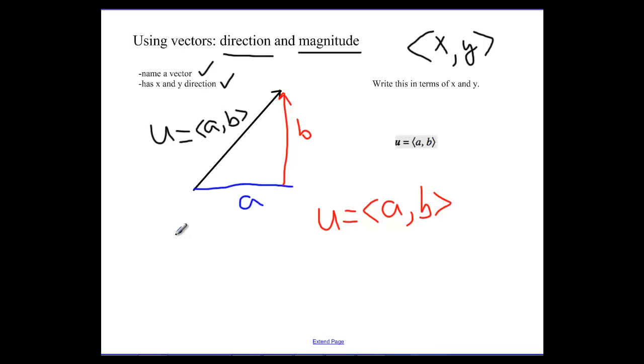And so we have this new idea, vectors, and vectors have direction and magnitude, and we write them with the x component and the y component.